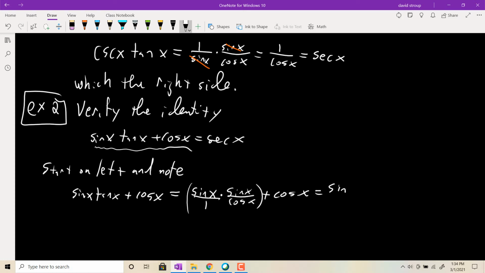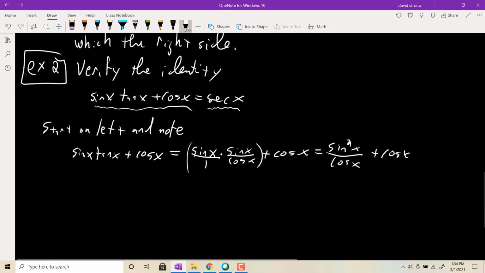So I get sine squared x over cosine x plus cosine x. I want to end with one term, right? On the right, I have one thing, so I have to combine these two. One way I can do that is by finding a common denominator. That cosine x is the same as cosine x over 1, and to get a common denominator, I multiply top and bottom by cosine x.